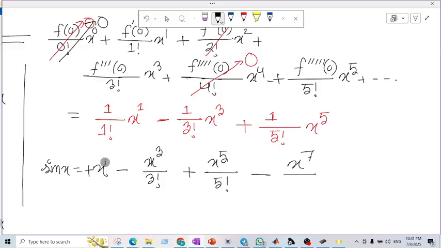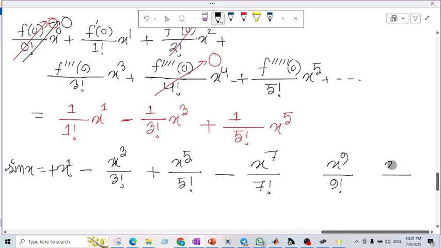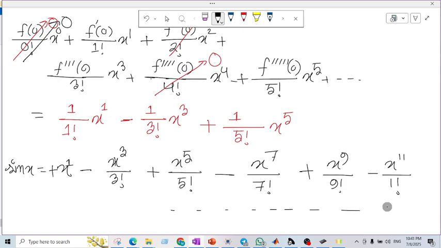You see here 1, 3, 5, 7, then x to the power 9, then x to the power 11, and plus minus plus minus, and it goes on. So this is the series of sin x.